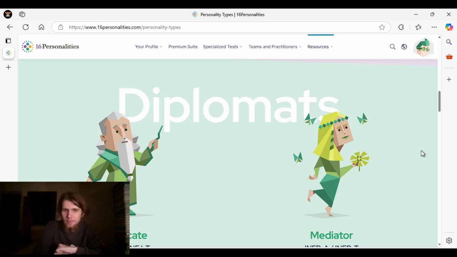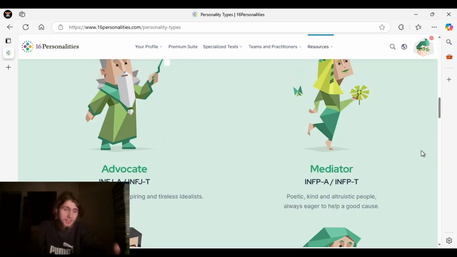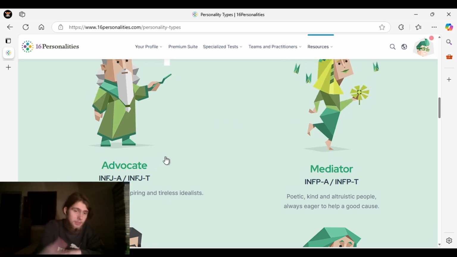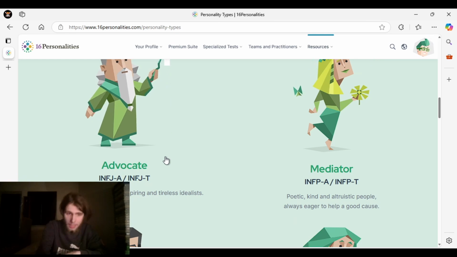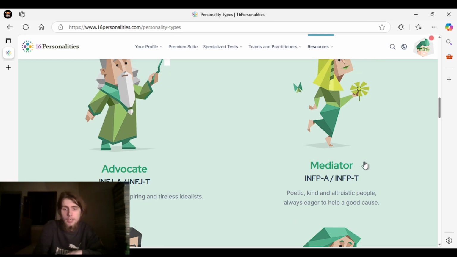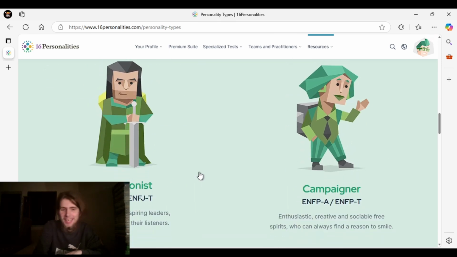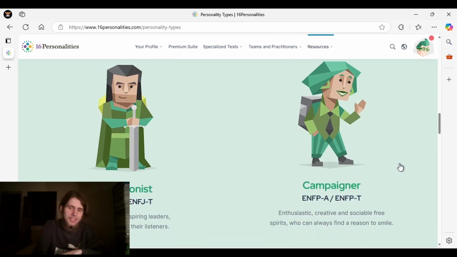We're going into the diplomats category, which speaks for itself. In fact, I'm part of this group. It consists of the advocate (INFJ), the mediator (INFP), the protagonist (ENFJ), and the campaigner (ENFP).